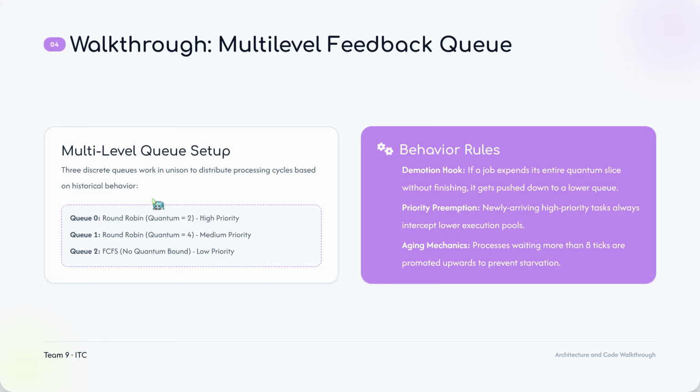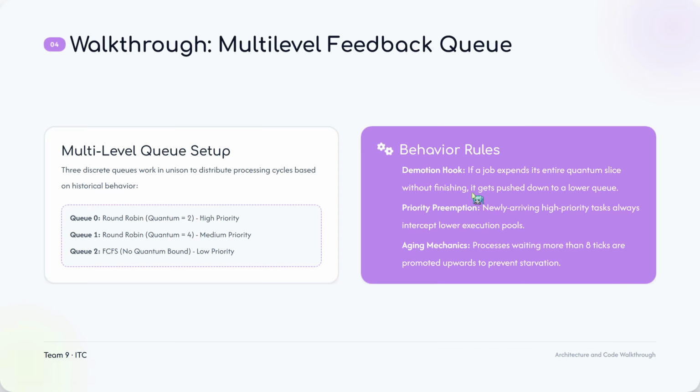We have queue 0, the highest priority of all, a round robin queue with a time quantum of 2 ticks. Queue 1 is the medium priority queue with a time quantum of 4 ticks. And queue 2 is the lowest priority, a first come first serve (FCFS) queue with no quantum boundary at all.